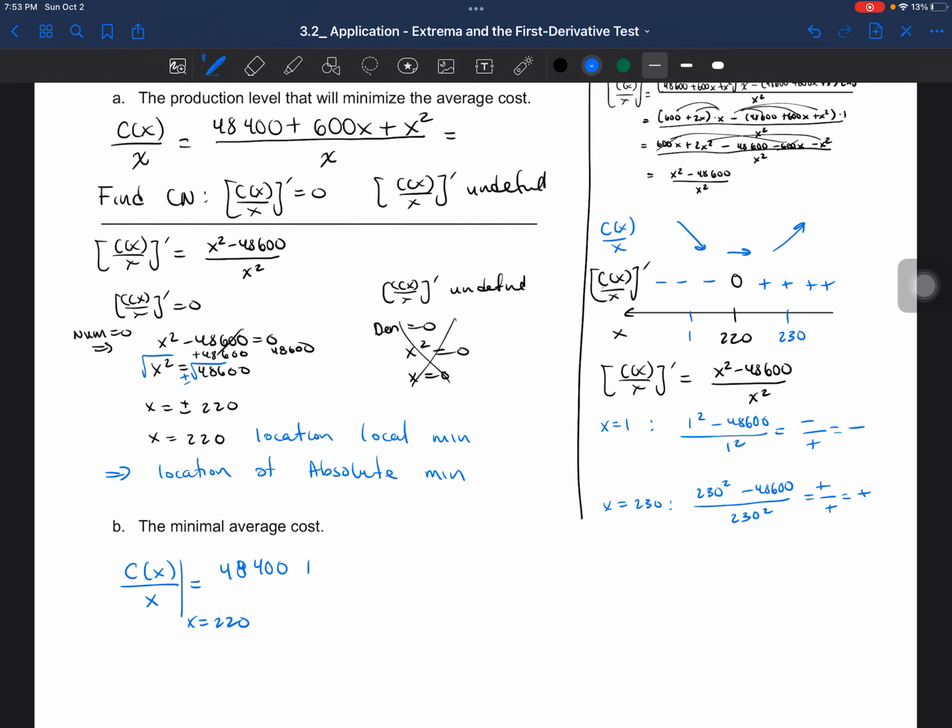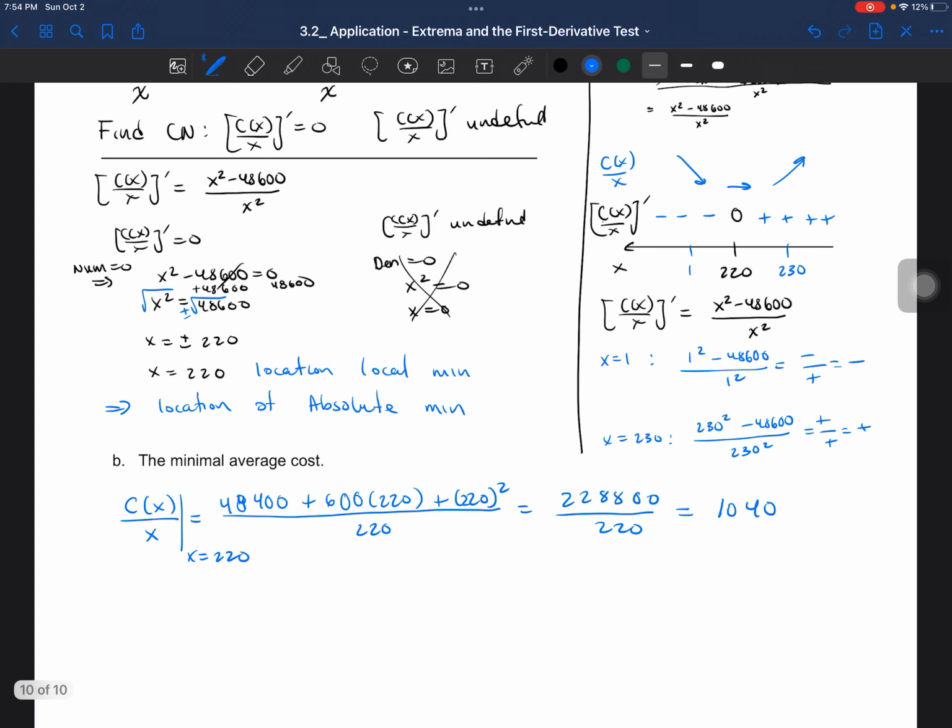And just because of time, once you put it there, you're going to end up getting something like 28,800 over 220, which comes out to be 1,040. So the minimal average cost will be $1,040.